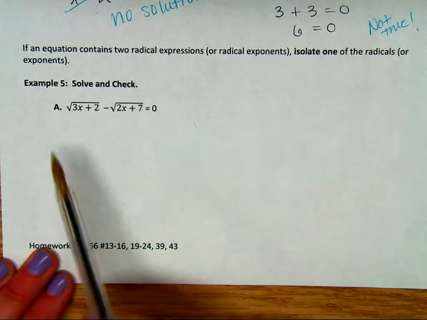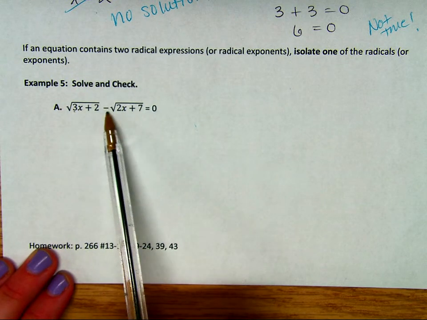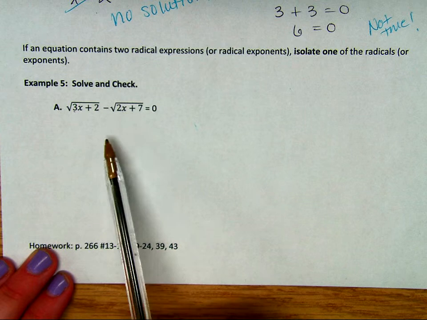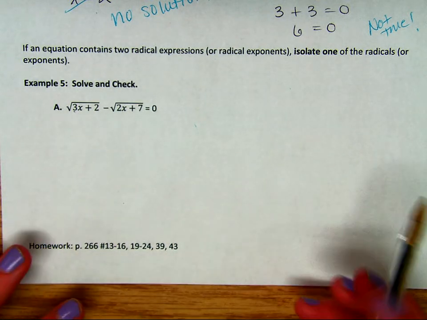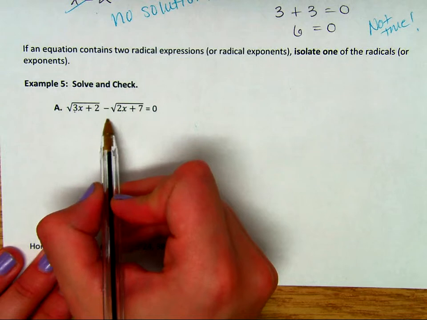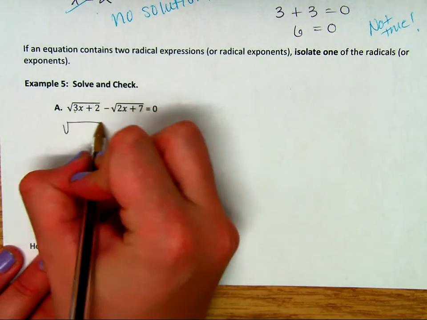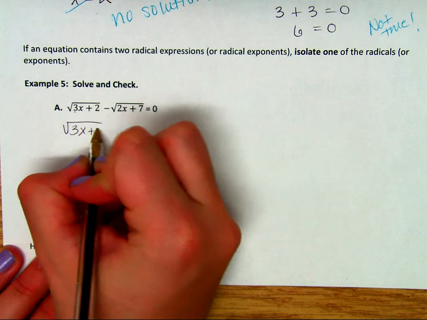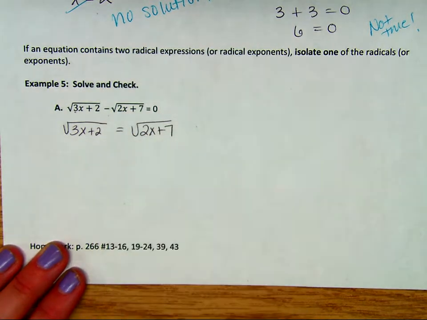So what I'm going to do is, I have the square root of 3x plus 2 minus the square root of 2x plus 7. So I need to isolate them. I need to get them on opposite sides of the equal sign. So I'm going to add the square root of 2x plus 7 to both sides. And that gives me the square root of 3x plus 2 equals the square root of 2x plus 7.